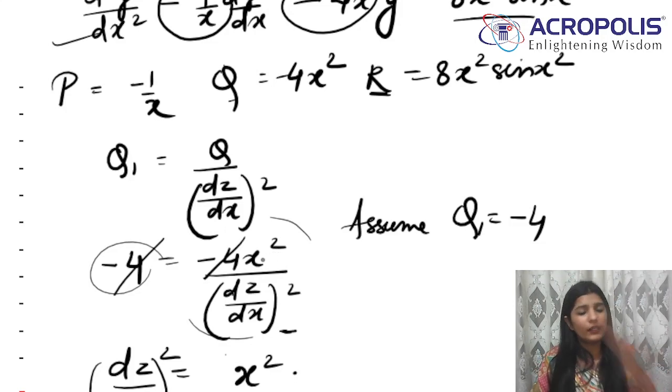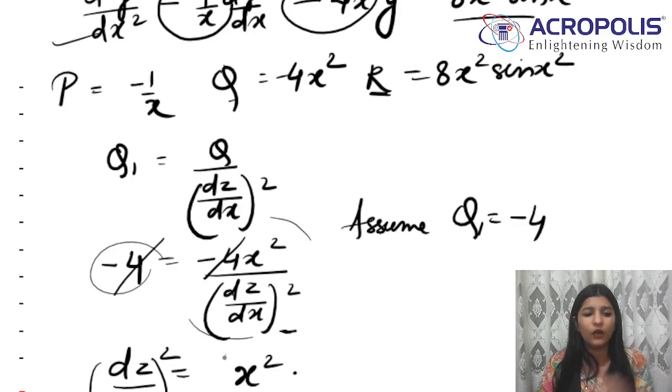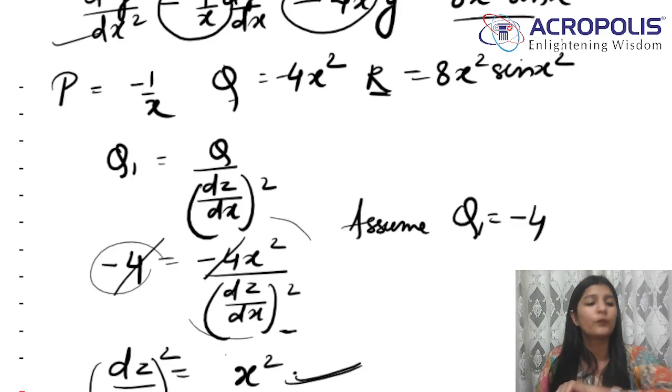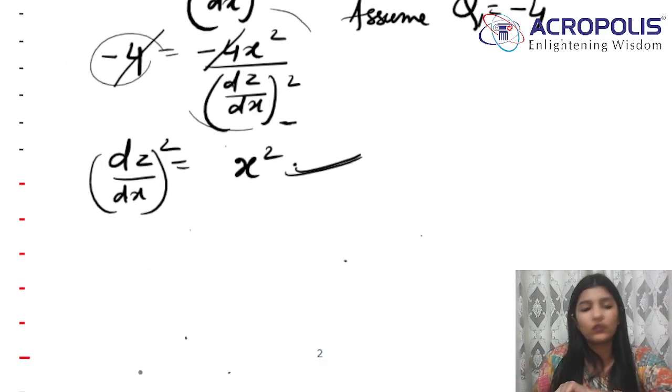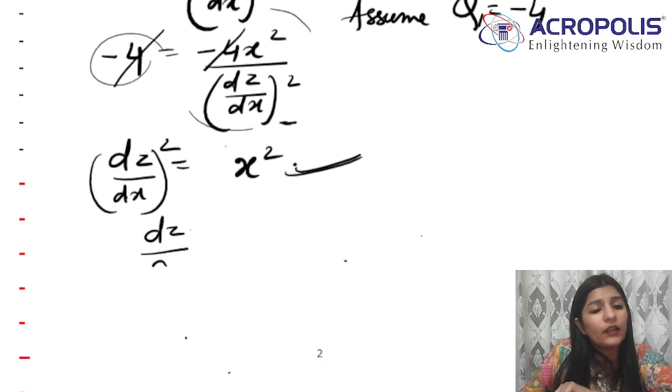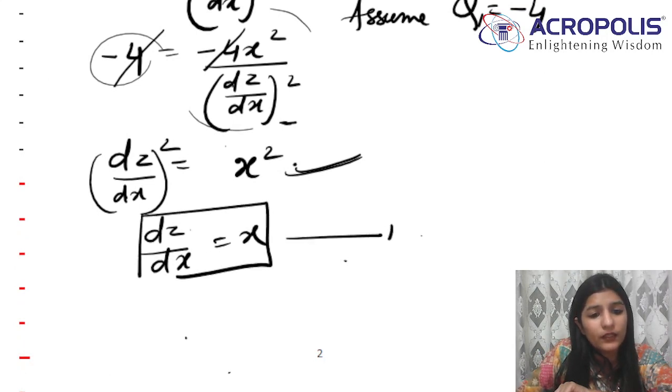So negative and negative will cancel out and you get a perfectly positive value. On taking the square root, dz by dx equals x. This is very important. Let us give it equation number 1.